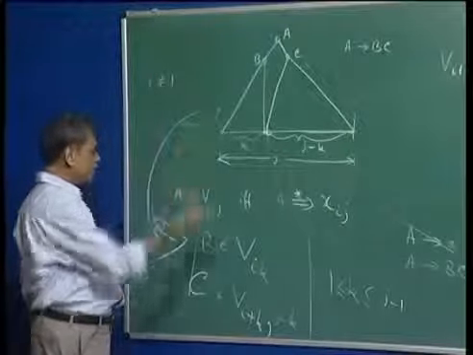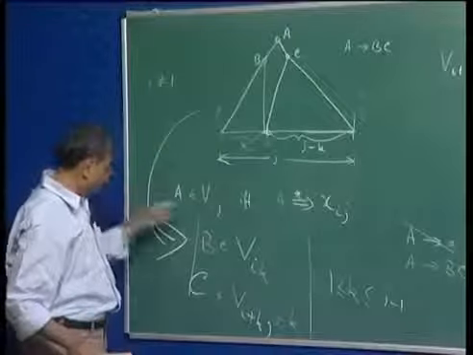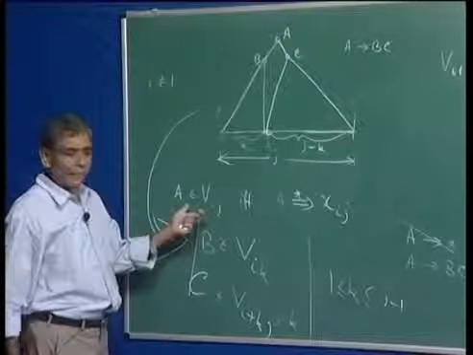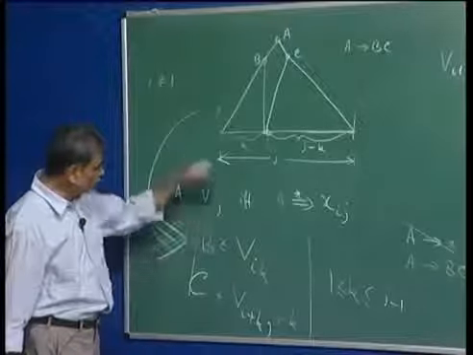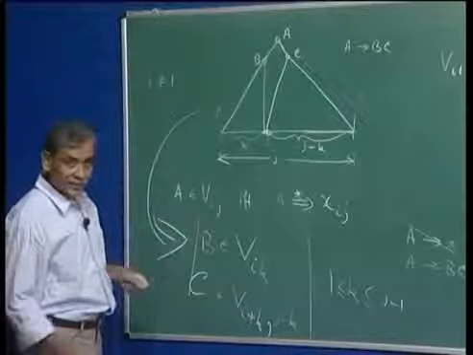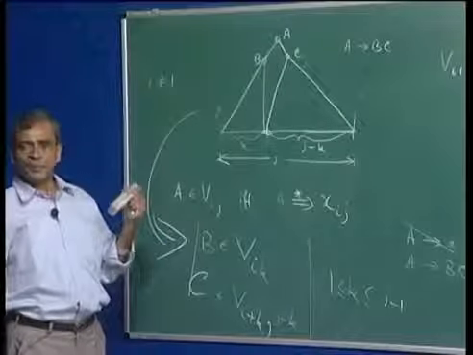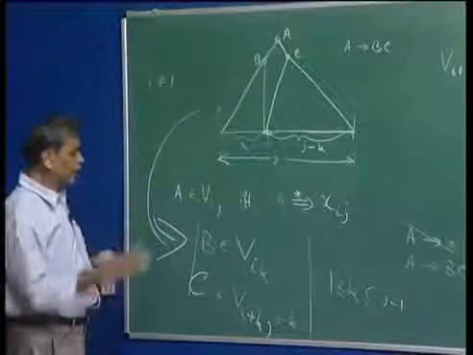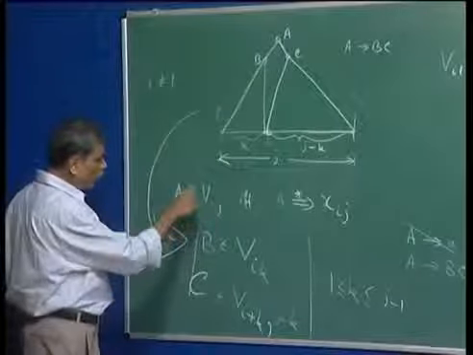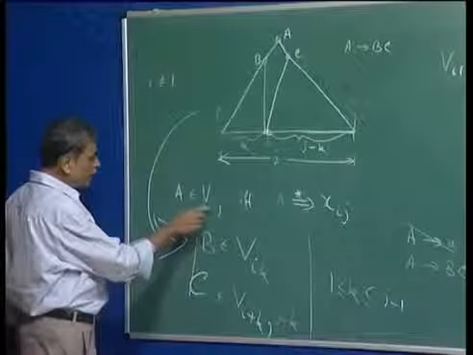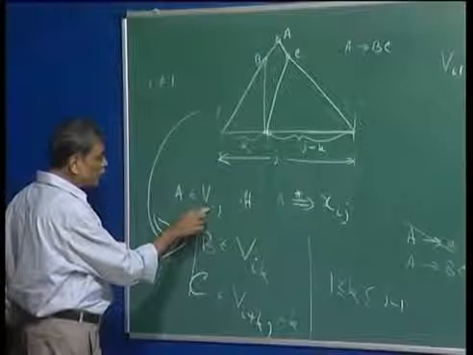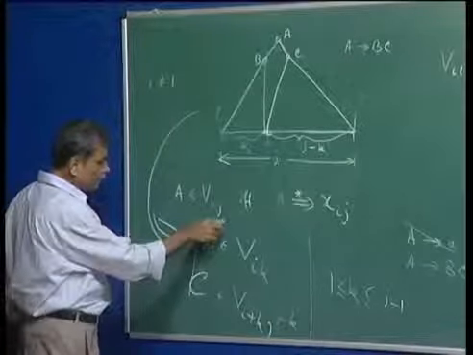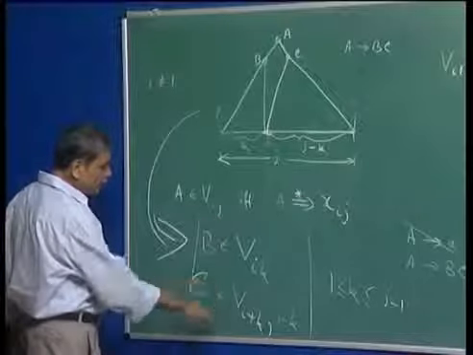I can take each of the non-terminals in turn and check whether it will be in this set, and therefore I can define the set Vij. In other words, this is the dynamic programming recurrence. I am not writing it in that form, but you should be able to see that I can define Vij provided I have the definitions of Vik where k is strictly less than j.